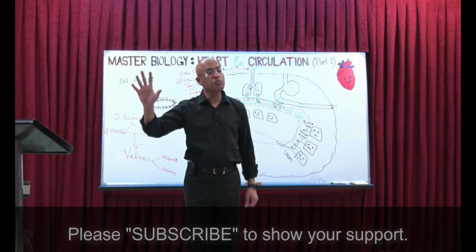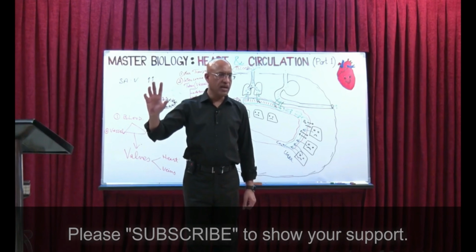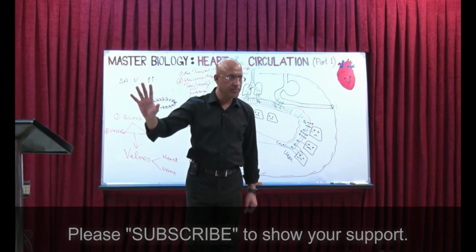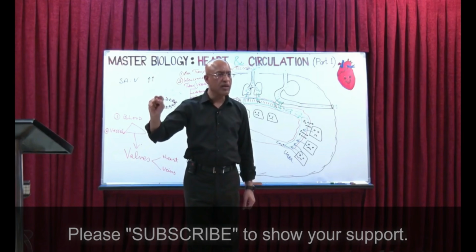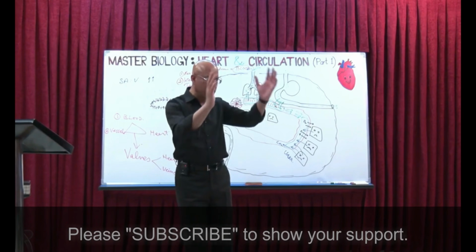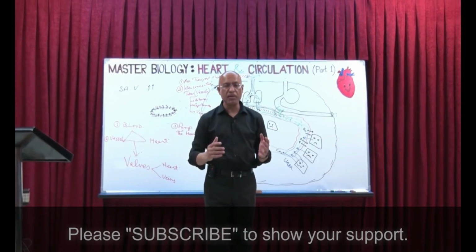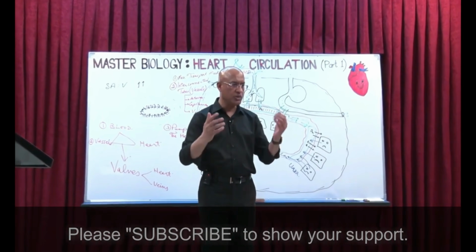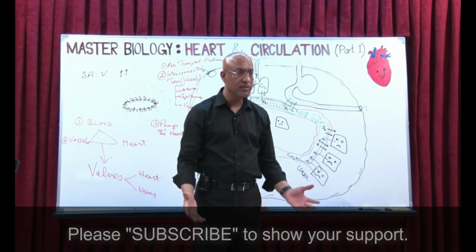And simple diffusion or active transport or osmosis, some simple mechanisms, are enough for their nutritional needs and for their metabolic waste elimination. But when we come to the multicellular organism, if we take mammals, just for an example, or we take human beings, what is there? Billions of cells.